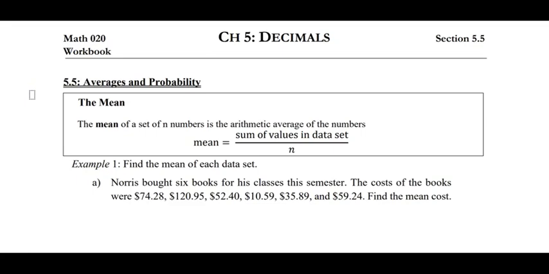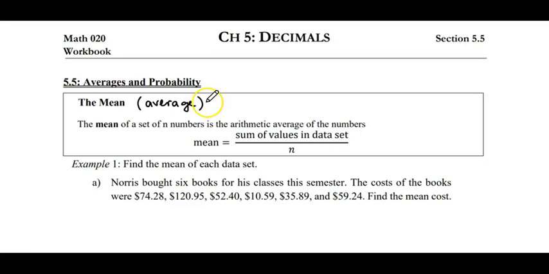The mean, or better known as the average, is a number that is derived from adding all the numbers in the set and then dividing by how many values you had in that data set.